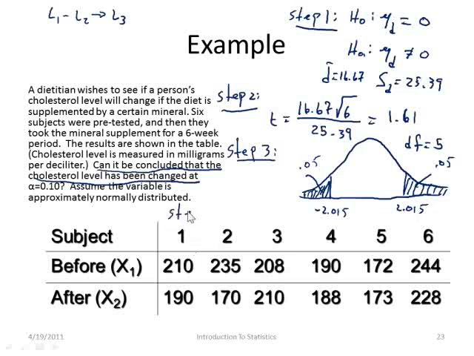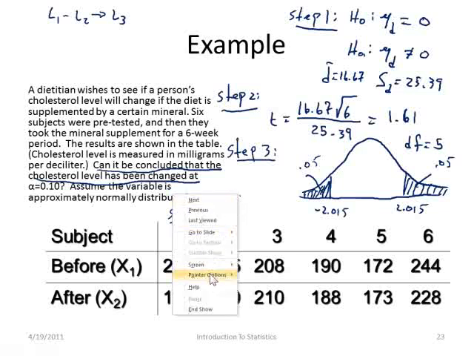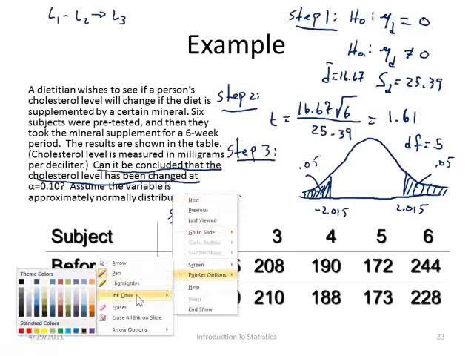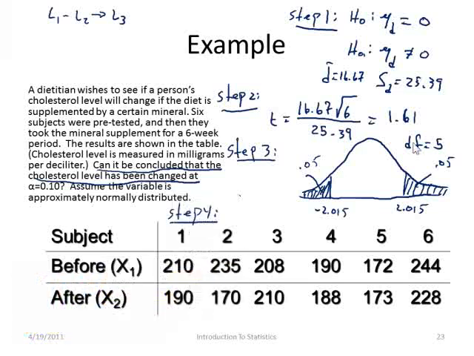So step 4, we have to make a decision. So our test statistic is 1.161, which is probably about right there. So does our test statistic fall in the rejection region or the non-rejection region? Non-rejection region.